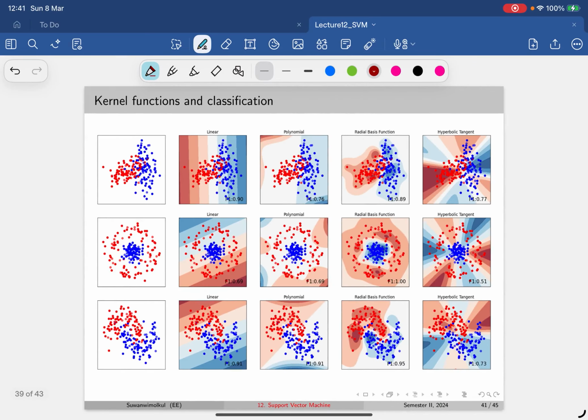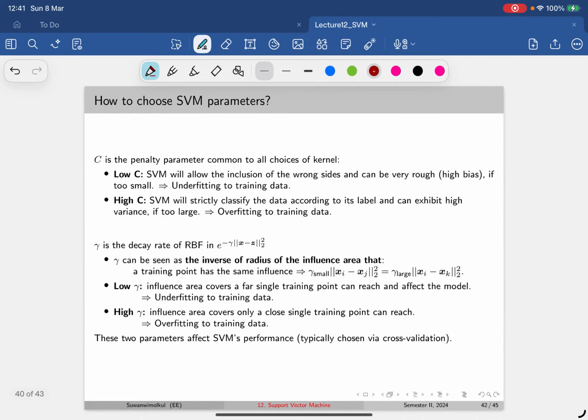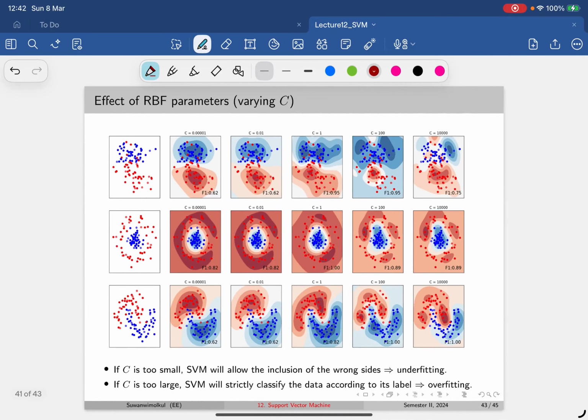But there are hyperparameters associated with these functions. For example, in the radial basis function, the hyperparameter is gamma, the one at the exponential term, and this gamma is also best chosen by doing the validation again.